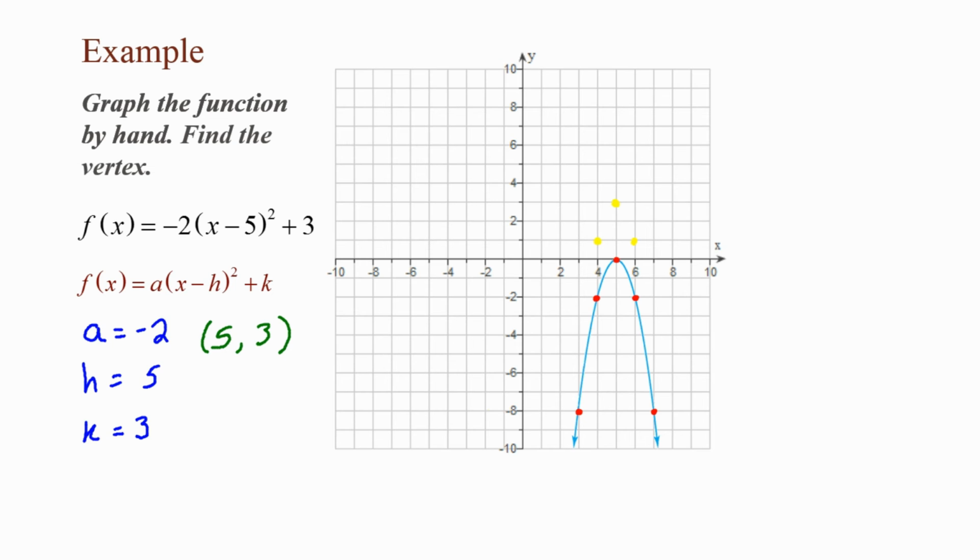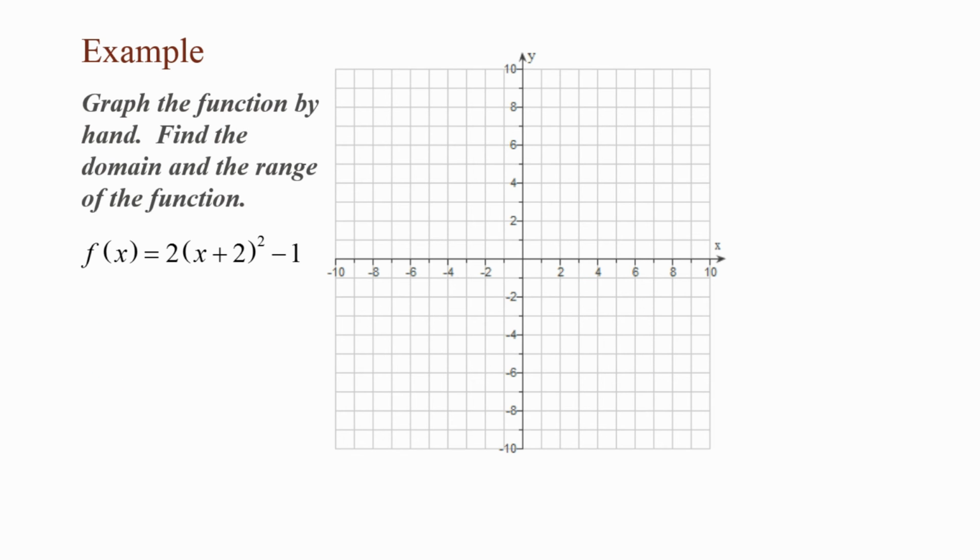Instead of 7, -8, it's 7, -5. And instead of 3, -8, it's 3, -5. Now we're ready to draw our parabola. So this is the graph of f of x equals -2 parenthesis x minus 5 close parenthesis squared plus 3.